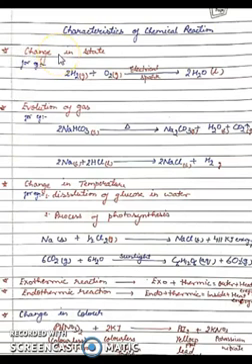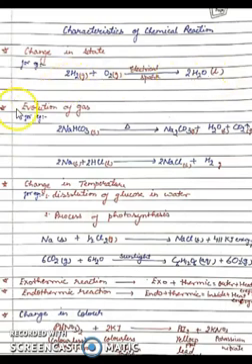In many chemical reactions, you will see that there is a change in state. For example, hydrogen gas reacts with oxygen gas and gives us two molecules of water. Here hydrogen is present in gaseous form, oxygen is present in gaseous form, but after the reaction, the water molecule we are getting is liquid in state.